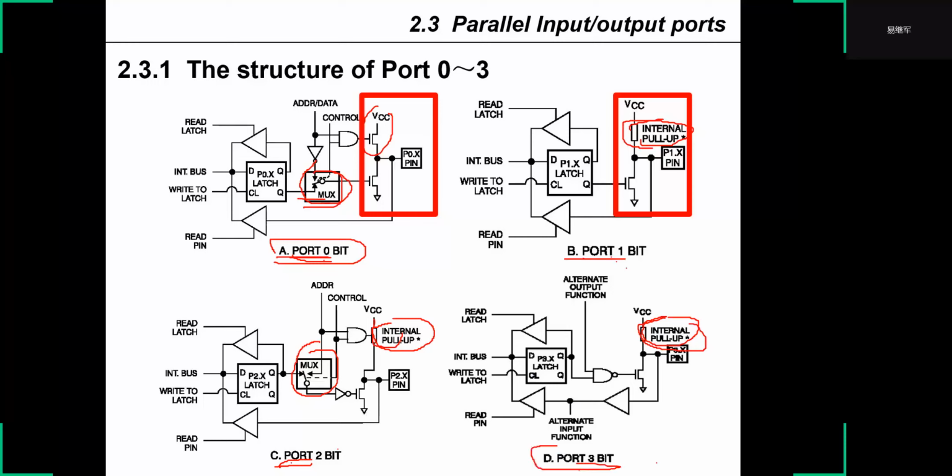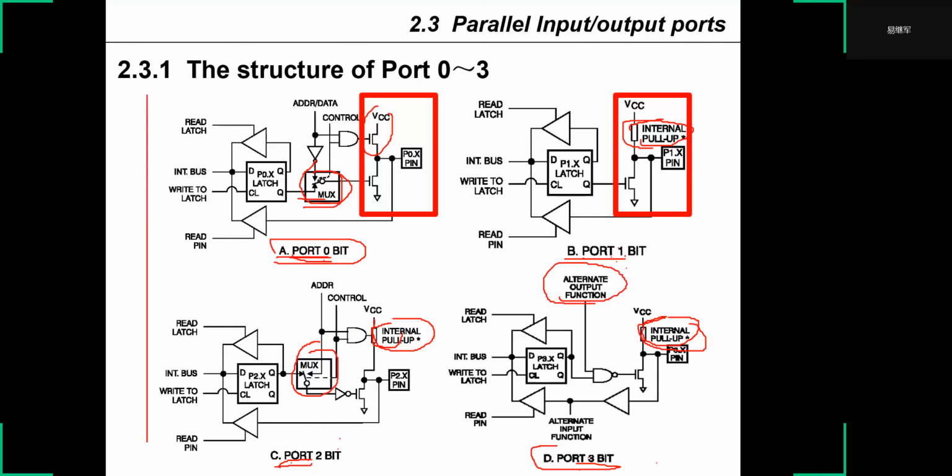But port 3 has an alternative function. This is the difference between 1, 2, 3. Port 3 has an alternative function, but port 1 and port 2 don't have an alternative function.